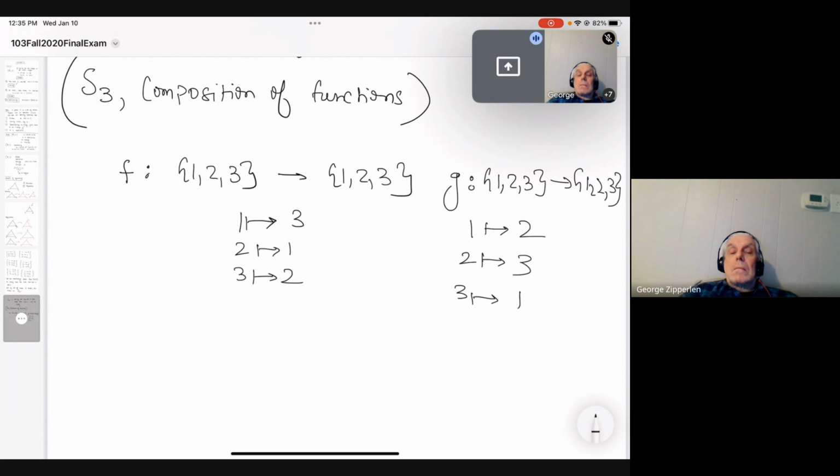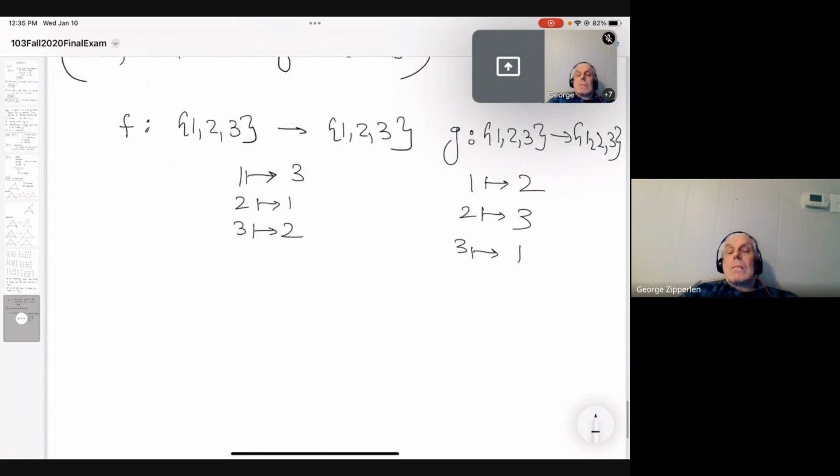So how do I compose them? Whatever the composition is, I denote it with F small circle G, and this better be another function from 1 to 3 to itself.